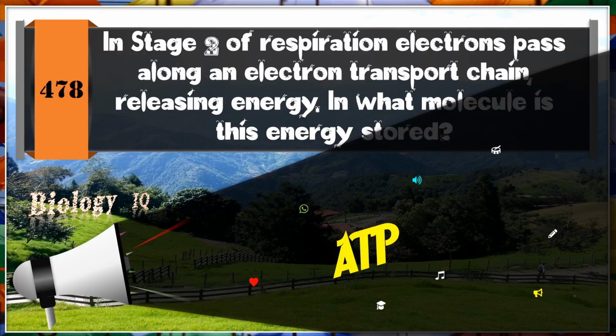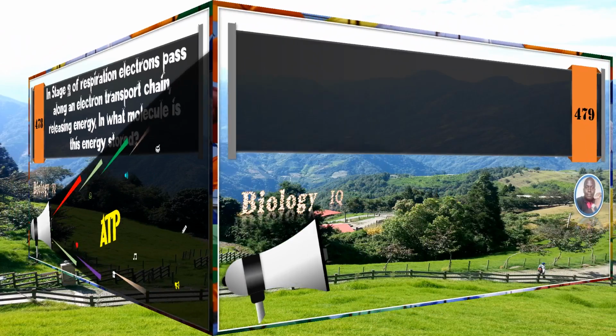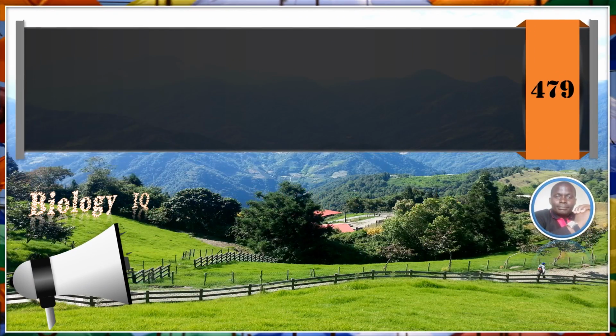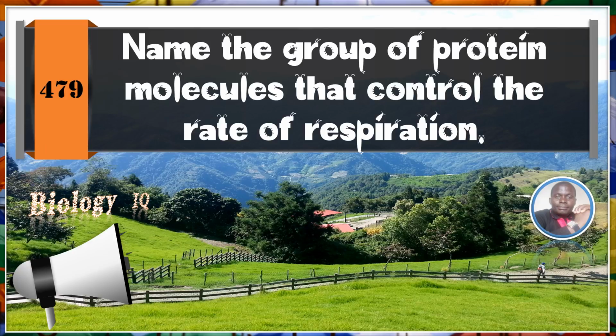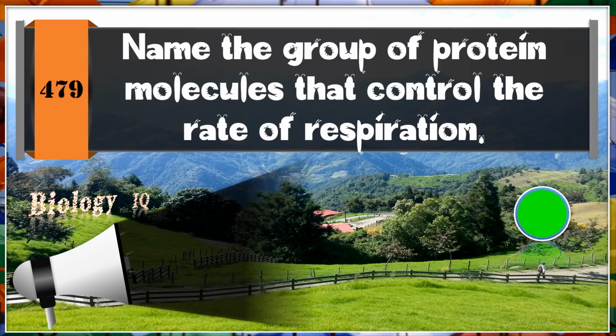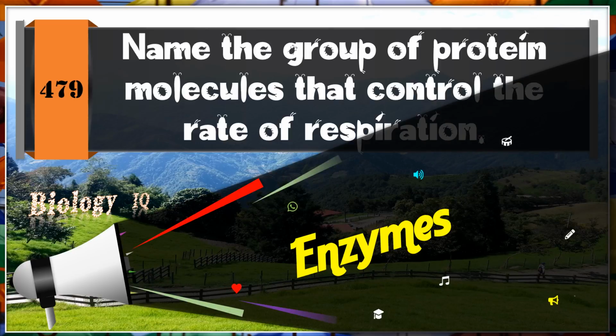ATP. Name the group of protein molecules that control the rate of respiration. Enzymes.